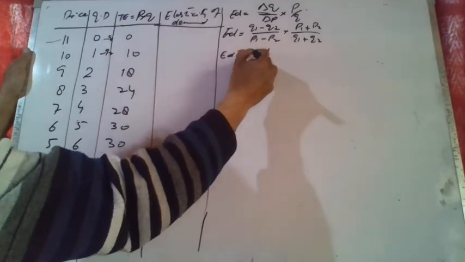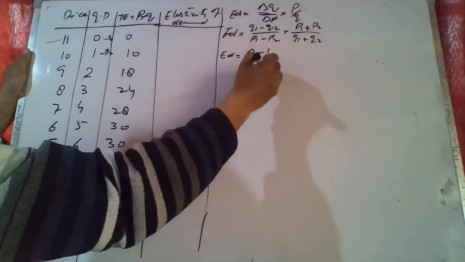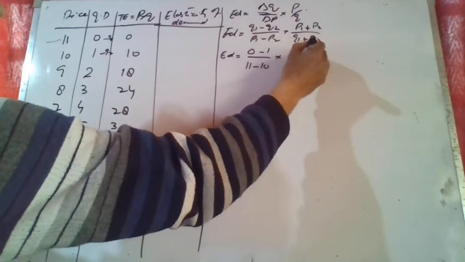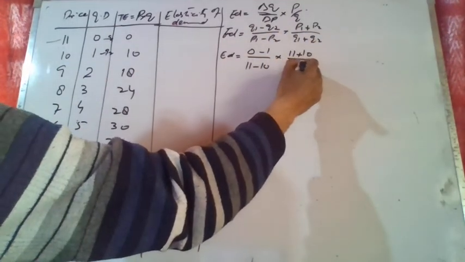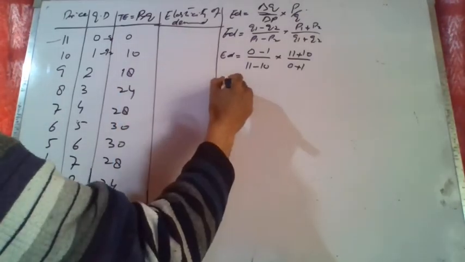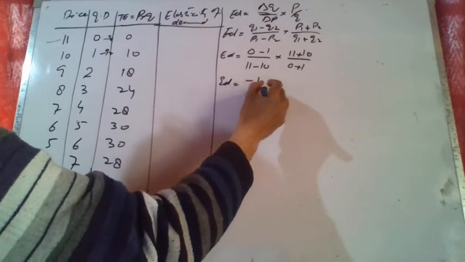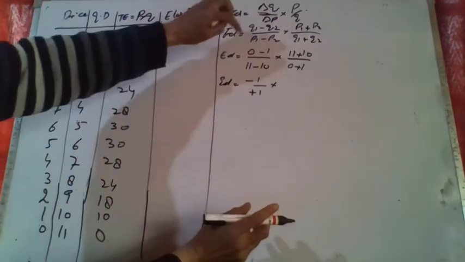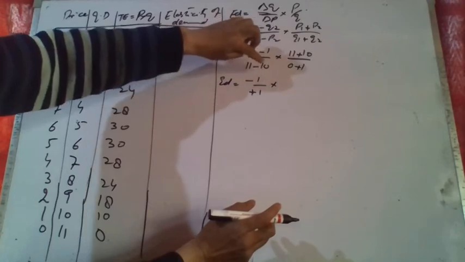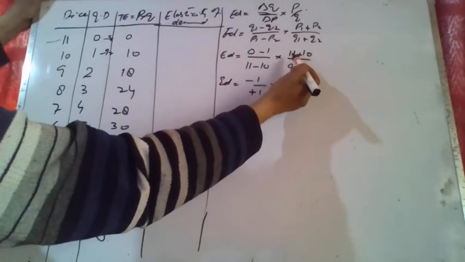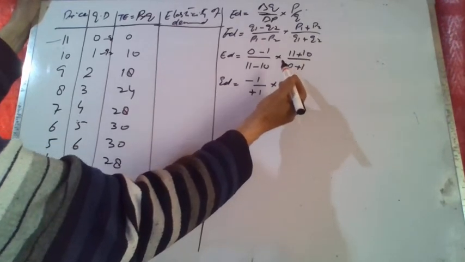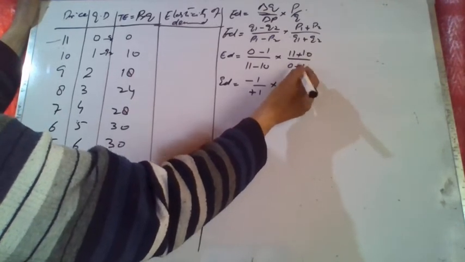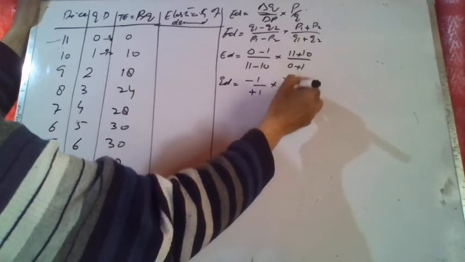Q1 minus Q2 is 0 minus 1, divided by P1 minus P2, 11 minus 10, which is 1, into P1 plus P2, 11 plus 10, which is 21, divided by Q1 plus Q2, 0 plus 1, which is 1.